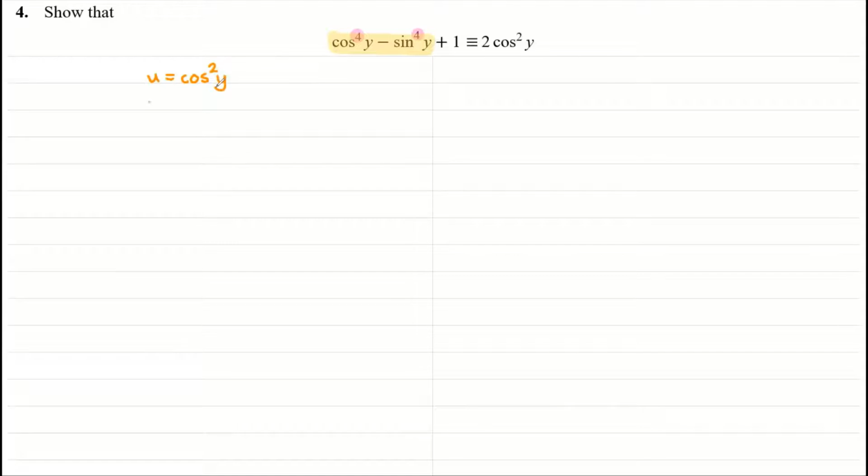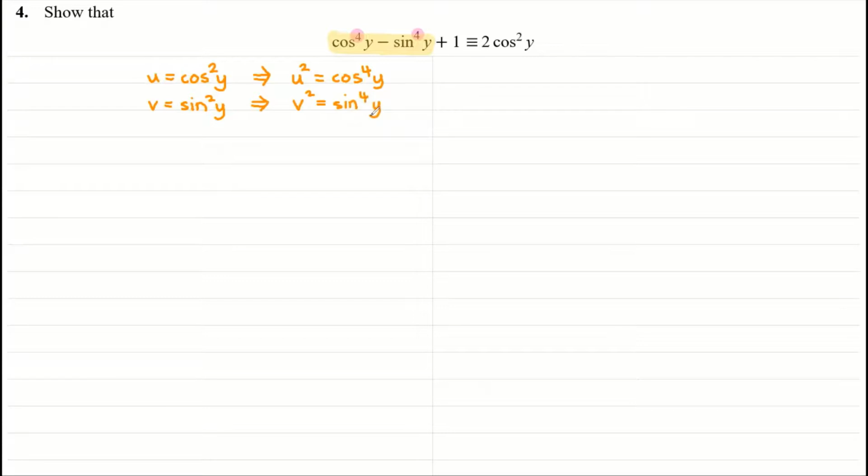And if you call v sine squared y, then on the left-hand side we have essentially u squared, which would give us cos to the power 4 y, and also v squared, which would give us sine to the power 4 y.